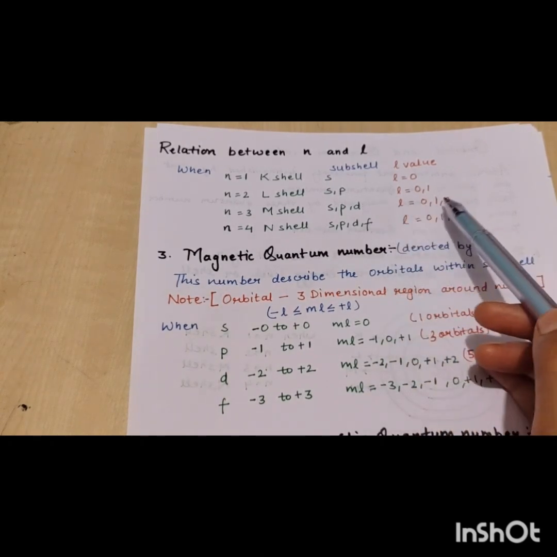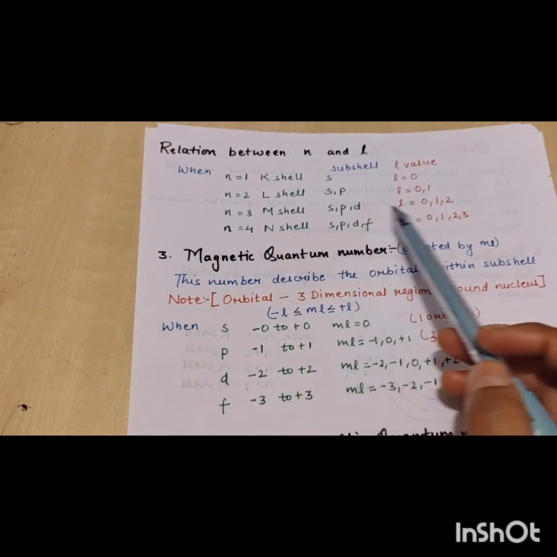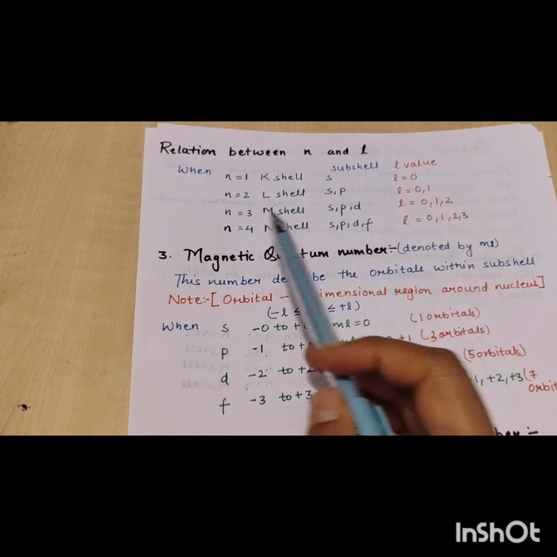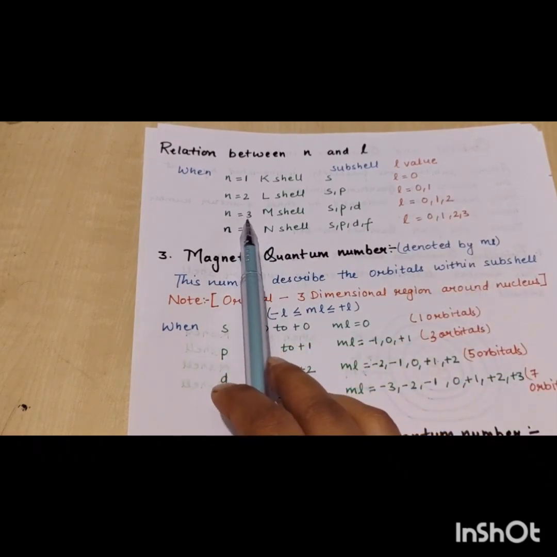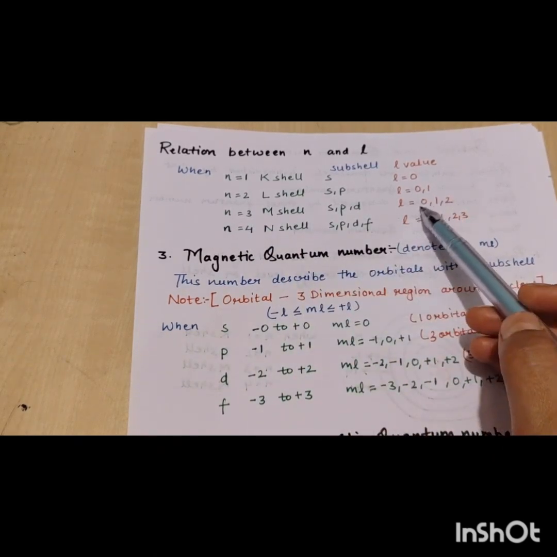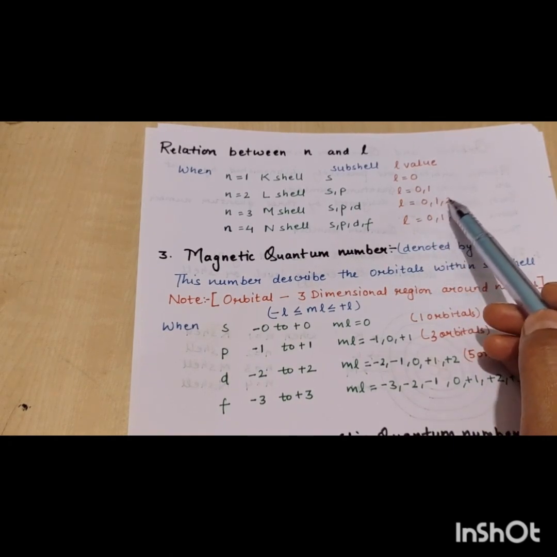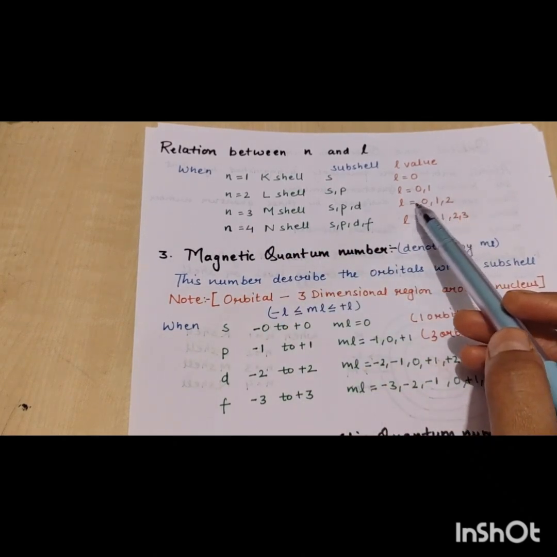Now you may be wondering, here 3 is given, so why do we only take up to 2? Because the main energy level is 3, there are 3 subshells in total, so we count 0, 1, 2. Total how many orbitals? 3, that means it is correct.